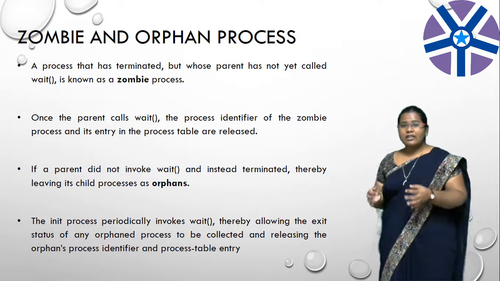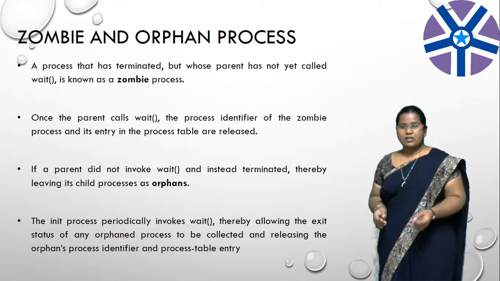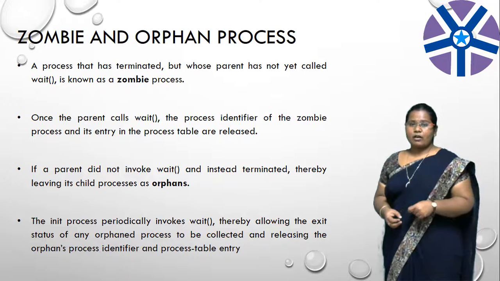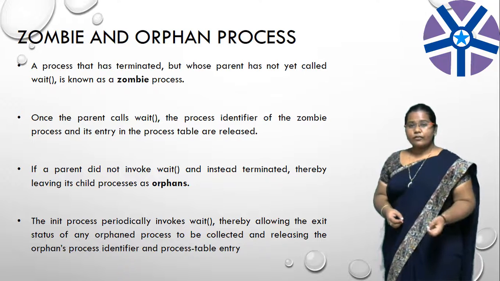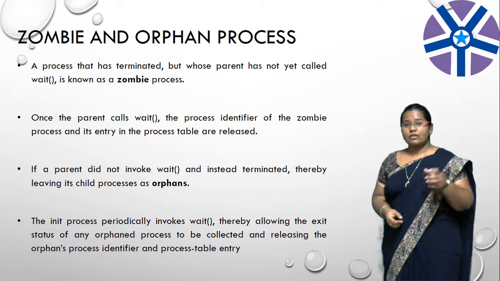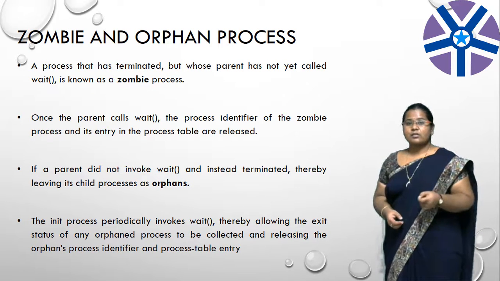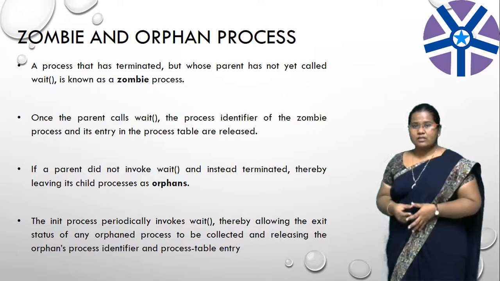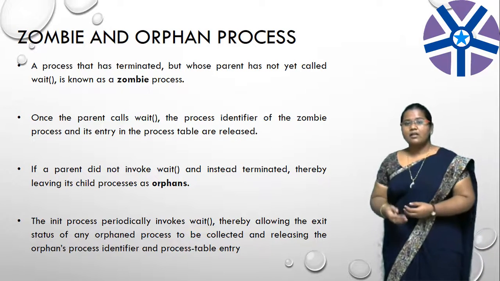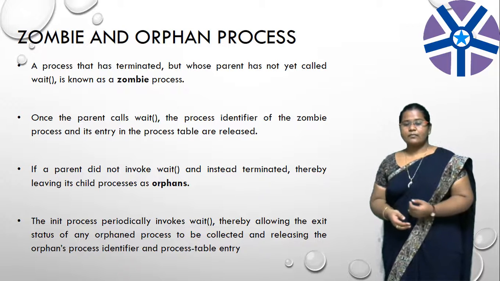In order to kill such orphan processes, your operating system will execute a wait system call frequently. In the case of Unix, init is the parent or root process of all processes, and the init process will frequently execute the wait system calls in order to collect all these orphan processes and terminate them.